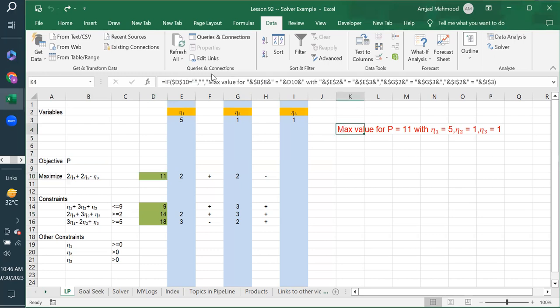So this result is picked up, it is changed automatically.